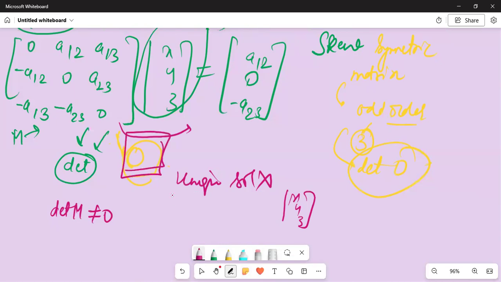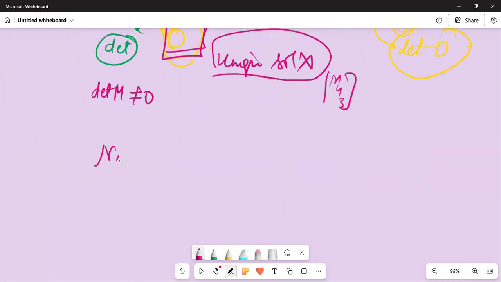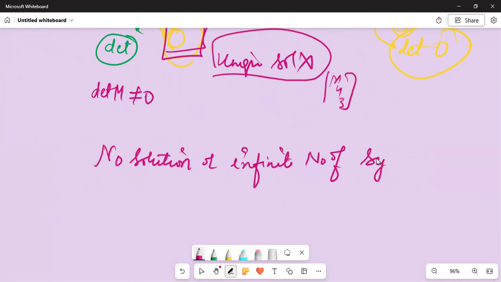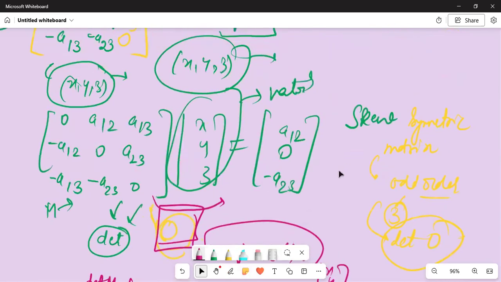So either this is the case of no solution or an infinite number of solutions. So the x, y, z possibilities are either infinite or 0.